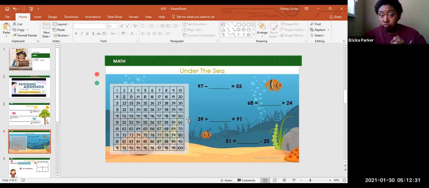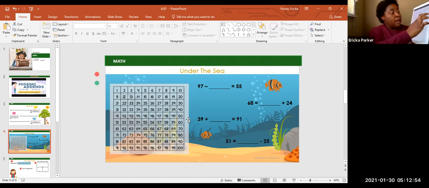So I am going to show you the same way we've been using the hundreds chart, the same way you do it with this, except that there's a blank there and you don't know what that number is. So you can do the part whole one more time. We know that 97 is the big number.